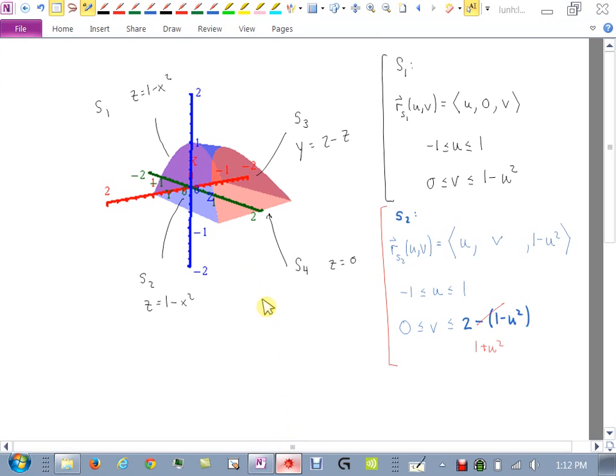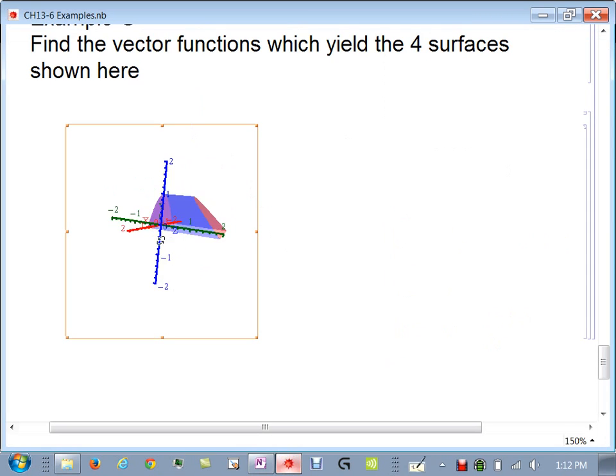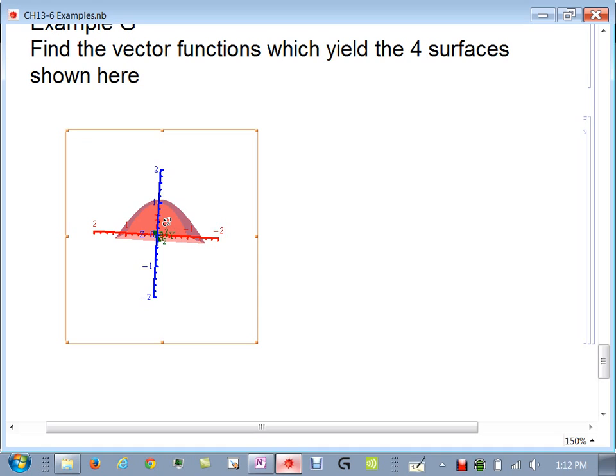Again, if we look at it from this side, that's S3, right? We're staring right into S3. It looks like that parabola again, right? Filled in, except that it comes out at us and goes away from us a little bit. It's not flat like it was before. So the x and the z coordinates should be exactly the same as what we had for S1.